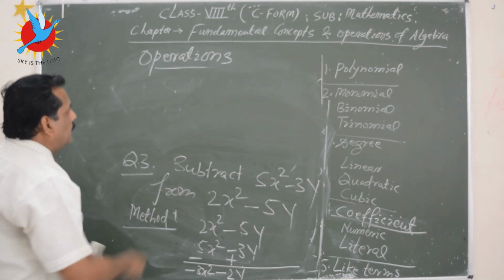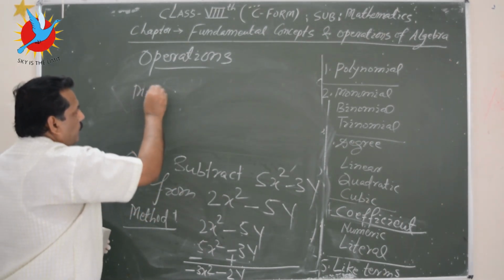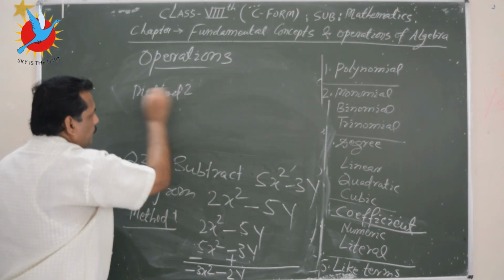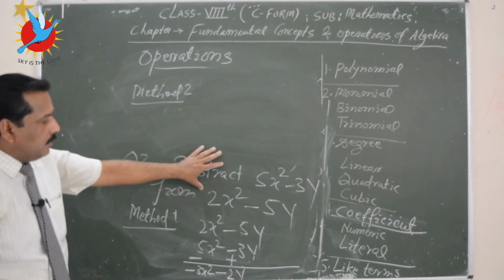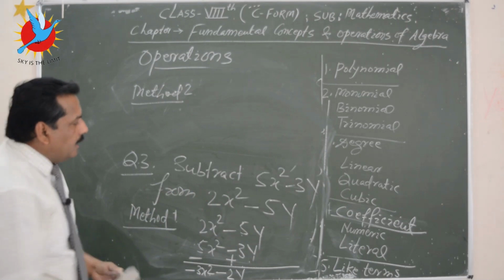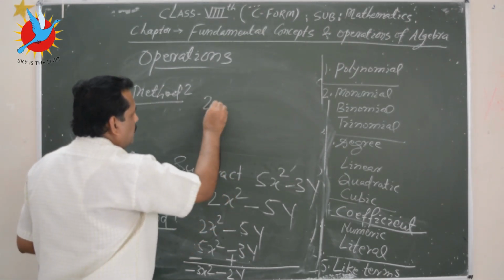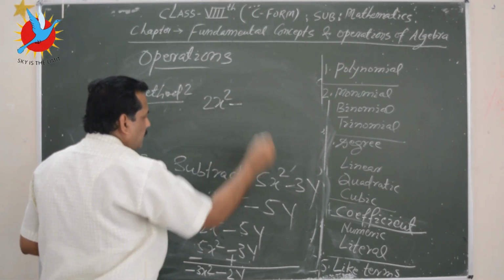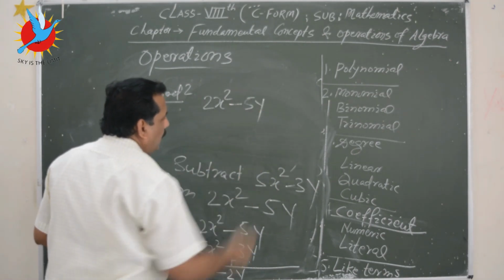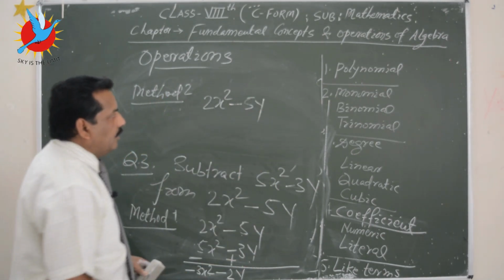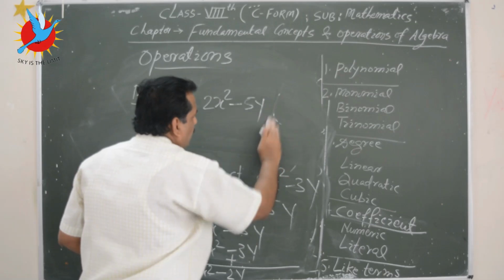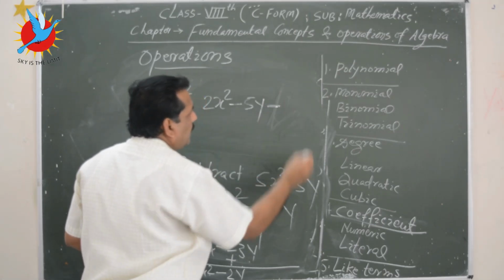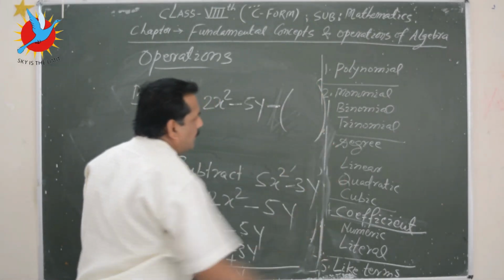Another way, this is method 2. Subtract this from this. Again you write, first of all, this is 2x square minus 5y. And use a bracket. I would like to suggest for subtraction, put a minus sign and then a bracket.